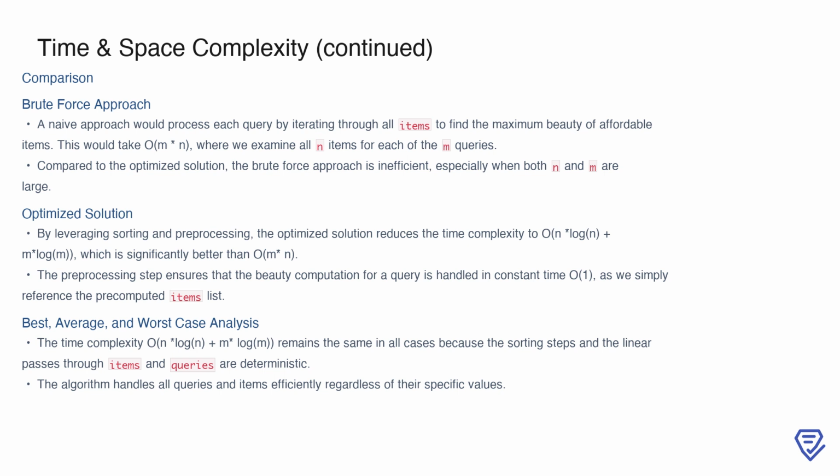The preprocessing ensures that the maximum beauty for a query can be obtained in constant time, O(1), leveraging pre-computed data. Importantly, the time complexity remains consistent, n log n plus m log m, across best, average, and worst cases, as the sorting and linear operations are deterministic, regardless of input values.